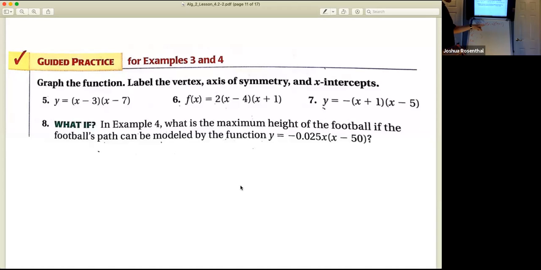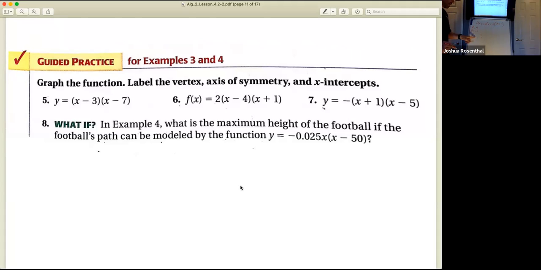So this is a(x - p)(x - q), right? x minus p, so 4 must be p, not -4. And x minus q, since that's a plus, that would have to be a -1 to make that positive.